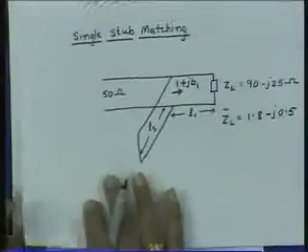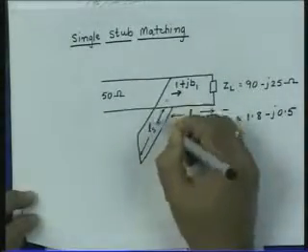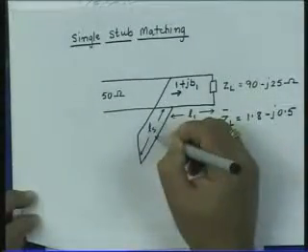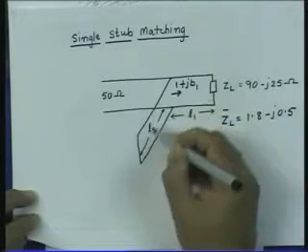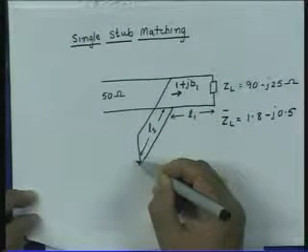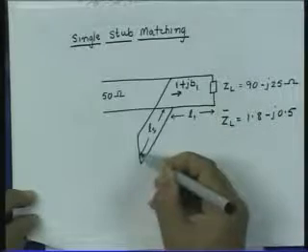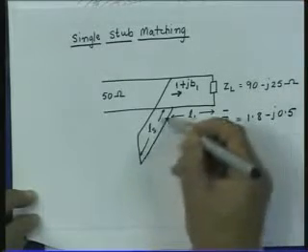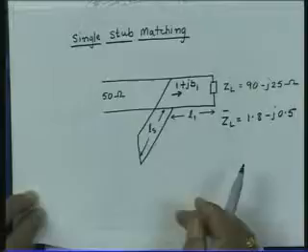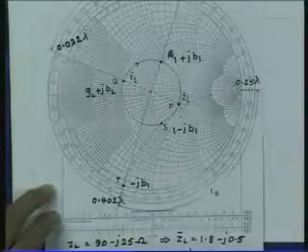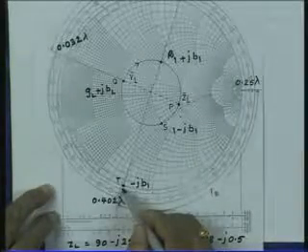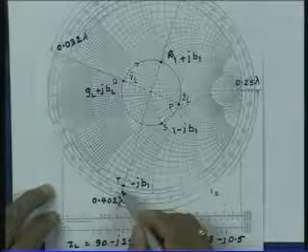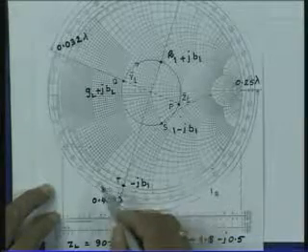So, now if I want to have a susceptance seen here minus jB1, from that susceptance if I go away from the generator till I reach the short circuit point, then that gives me the length of the stub. So, from here this is my susceptance which I want to add. I have to move now away from the generator.